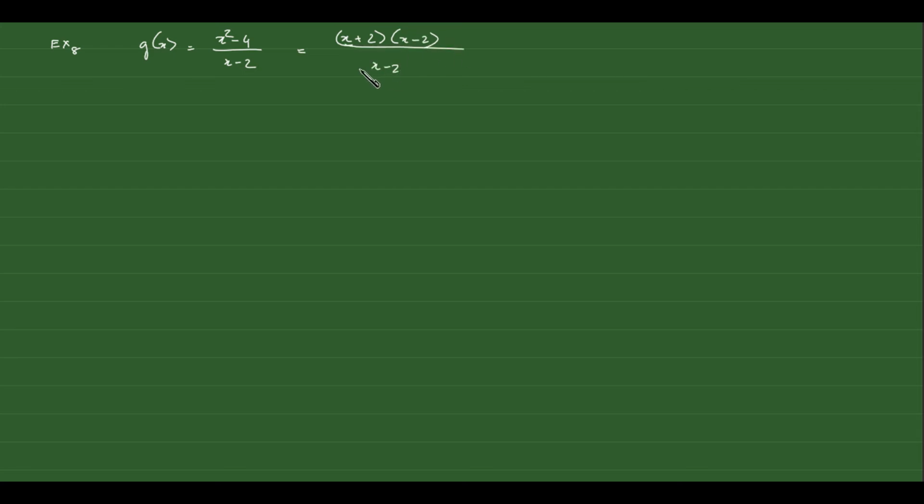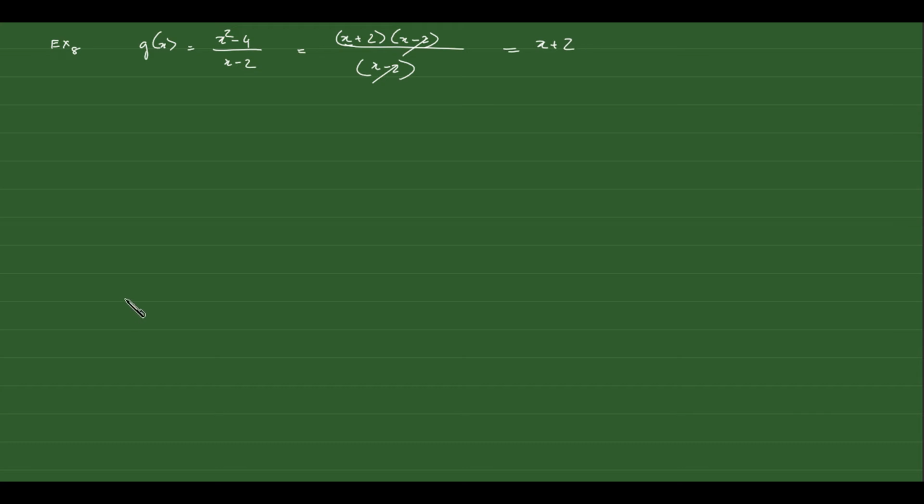When you factor, what's happening here? You can cancel them out, right? So you have x plus 2. So what is happening here? It means that at x equal to 2, we have a disconnection. We call that a hole.